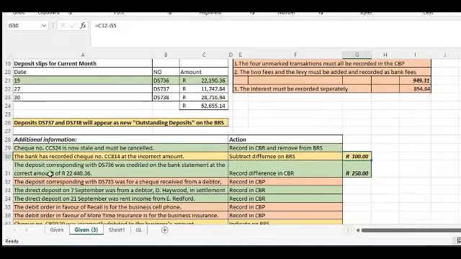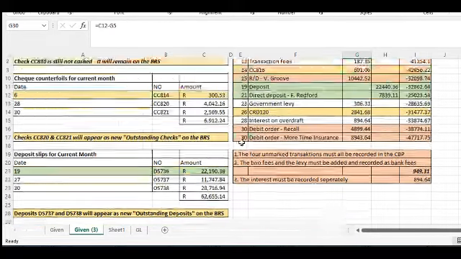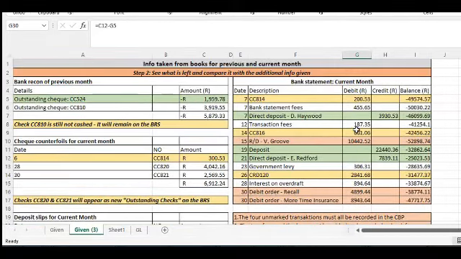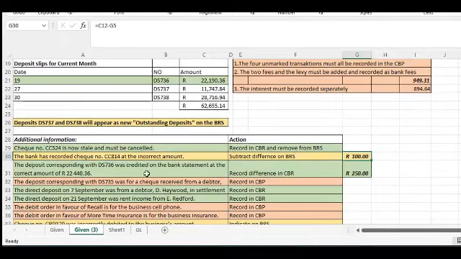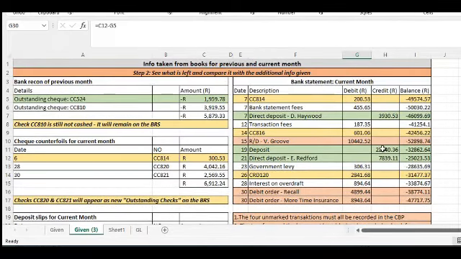Okay, next thing that we are told in the additional information is that the deposit that corresponds with deposit slip 736 was credited on the bank statement at the correct amount. Okay, so here we are saying that on the bank statement, the amount was 22,440. So we can go and look for it here, 22,440.